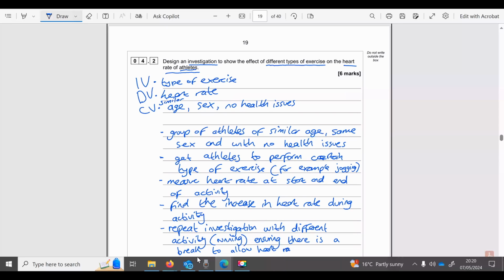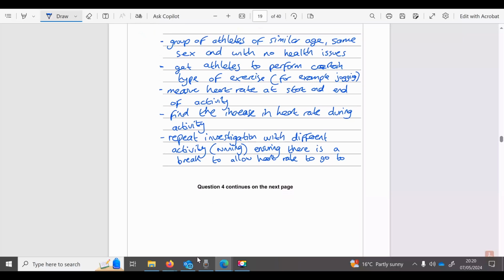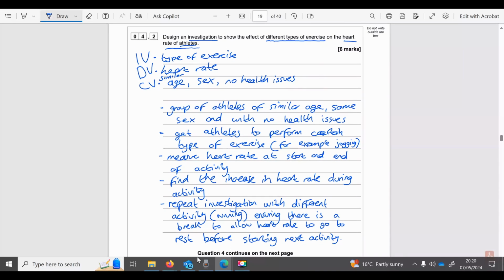So we want to say repeat the investigation with a different activity, and then you can give another example, running. But we want to say ensure that the heart rate has dropped before starting the activity a second time. And there is a suitable investigation to allow us to compare the heart rates.